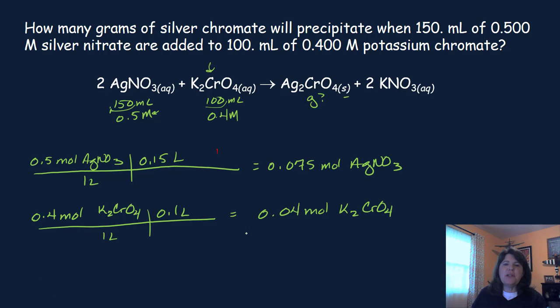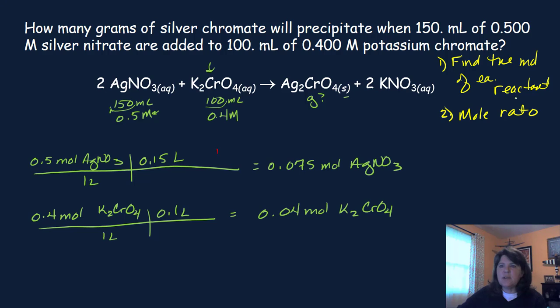It doesn't tell me the limiting reactant yet. In order to figure out the limiting reactant, I'm going to have to do a mole ratio. So I guess if we were to write steps for this, step 1, find the moles of each reactant. Then step 2 is going to be do the mole ratio.